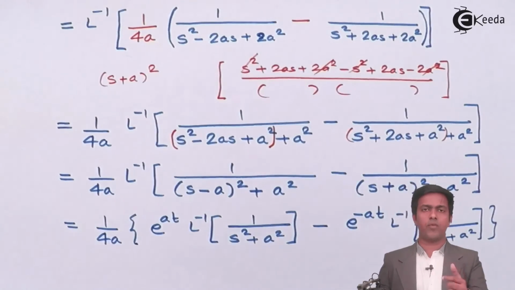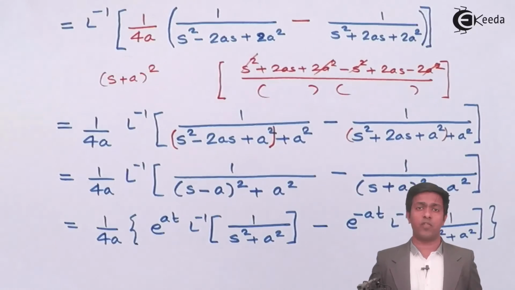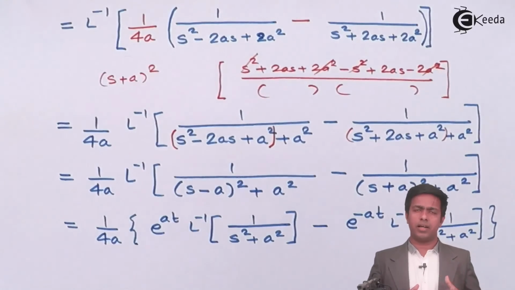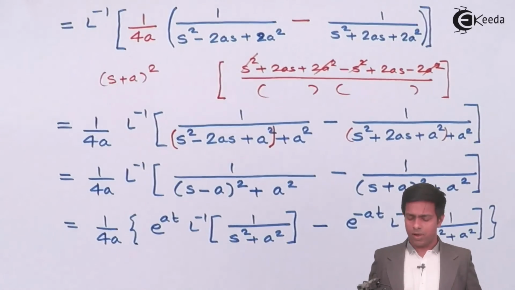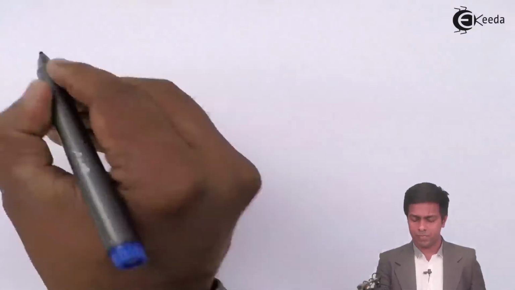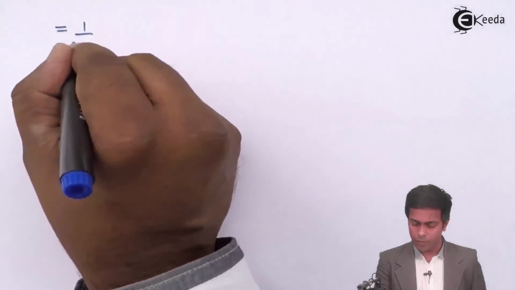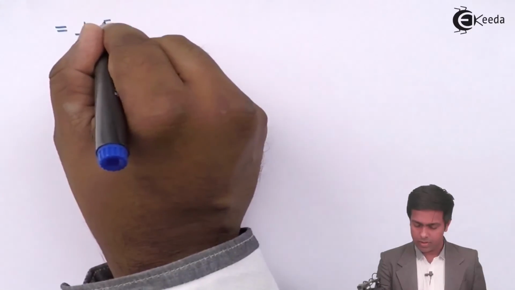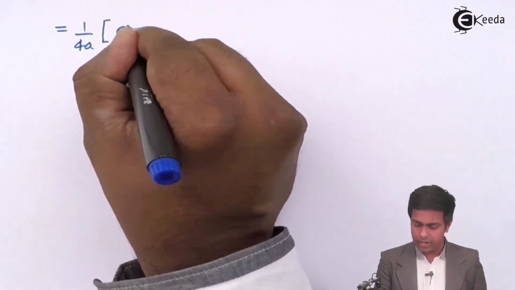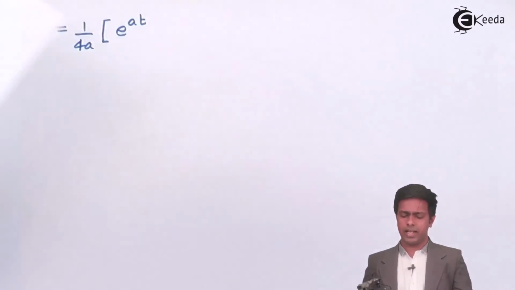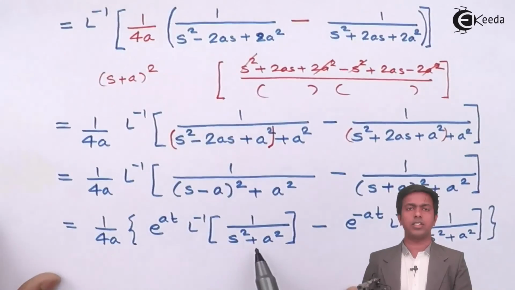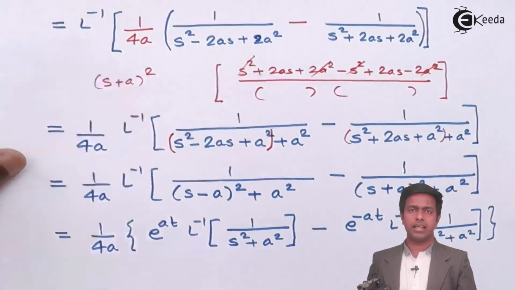I'm sure that you have gone through my previous video, that is the formula of Laplace transform and the formula of inverse Laplace transform. So I'll use that formula directly. This will give us 1 upon 4a e to the power at, and the inverse Laplace transform of this function is 1 upon a sine at.